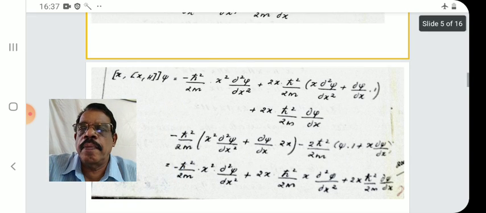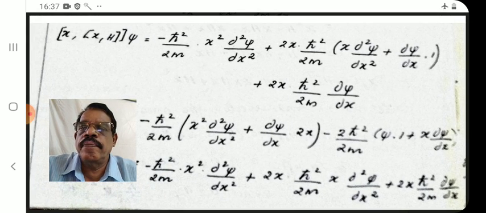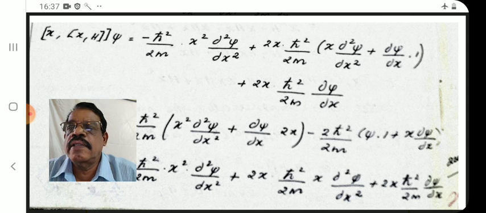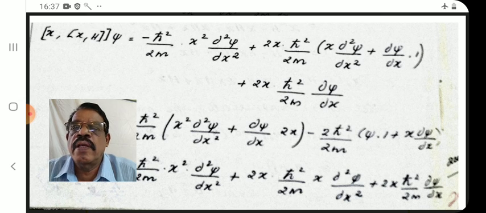And next step. Therefore, LHS [x, [x, H]] ψ is equal to minus ħ²/2m x² ∂²ψ/∂x² plus 2x ħ²/2m. Again we differentiate. Again we take ∂/∂x inside. Differentiate. x ∂²ψ/∂x² plus ∂ψ/∂x into 1.